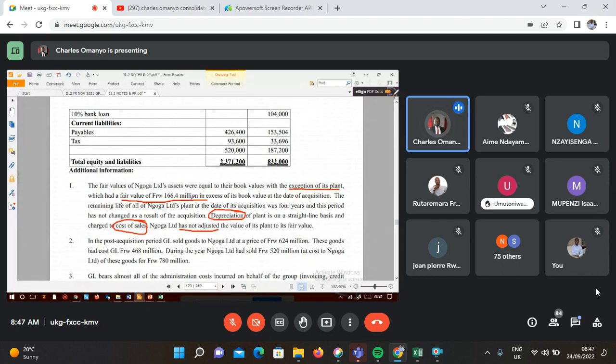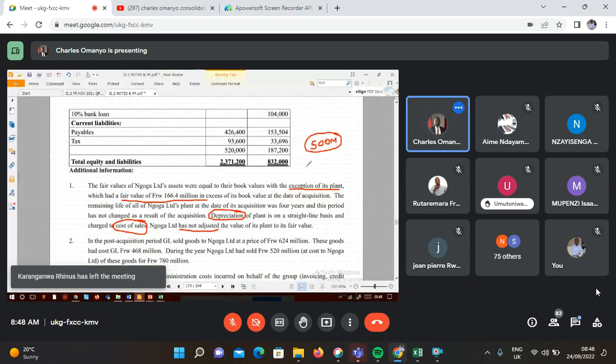Now, my question is, if, for example, I'm just guessing a value, the value of your plant in the balance sheet was 500 million, please understand the scenario I'm giving you. But we found that it was not supposed to be 500 million, it was supposed to be 666.4 million.